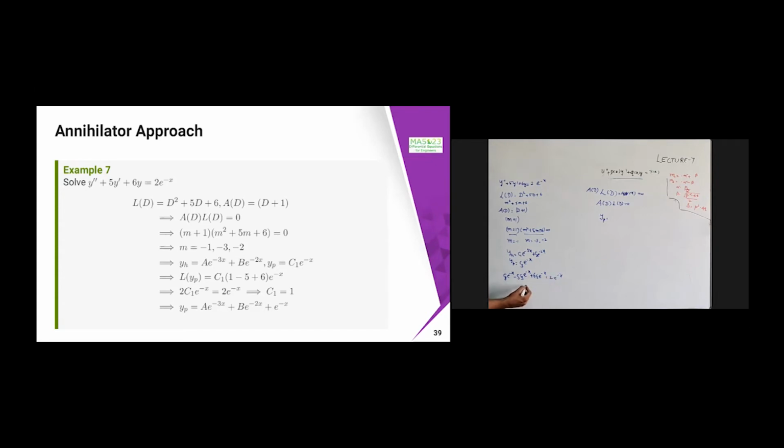Therefore c3 is 1, and the solution becomes c1 e power minus 3x plus c2 e power minus 2x plus e power minus x.